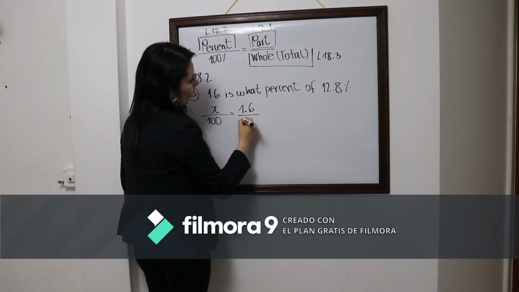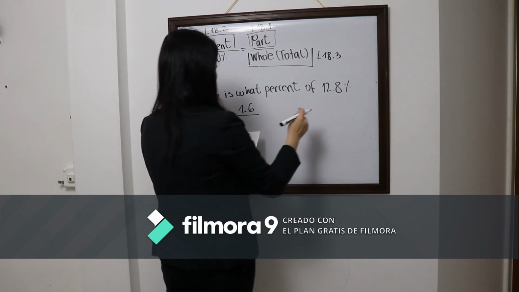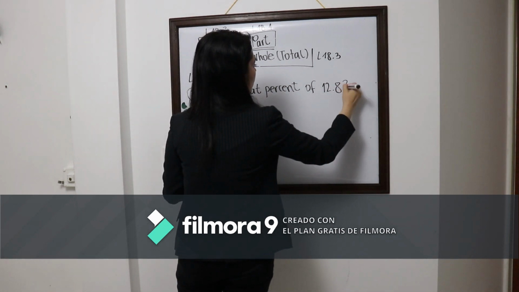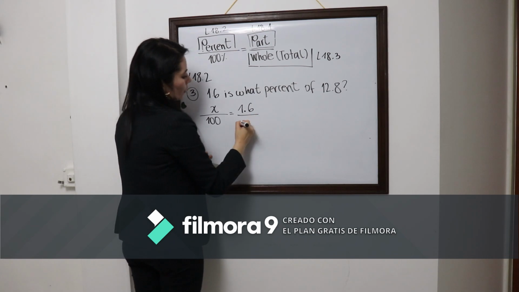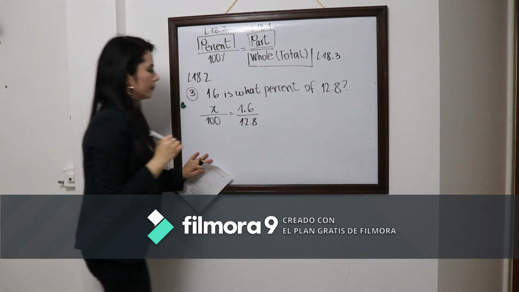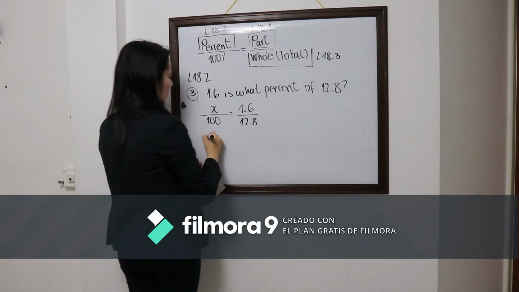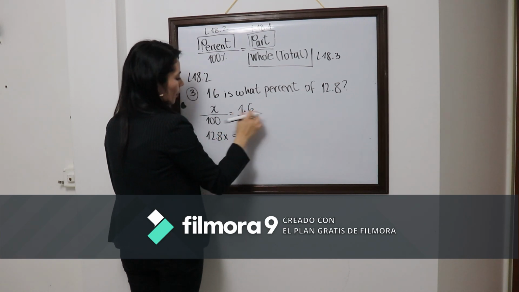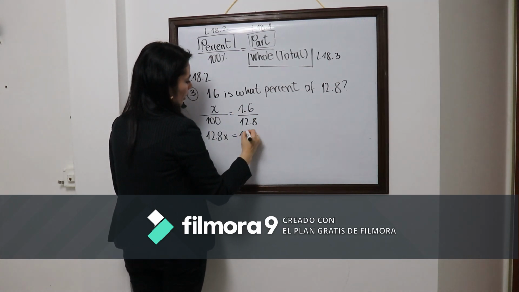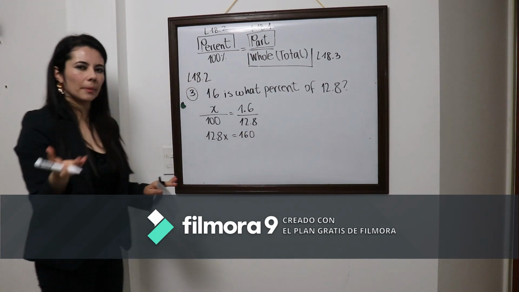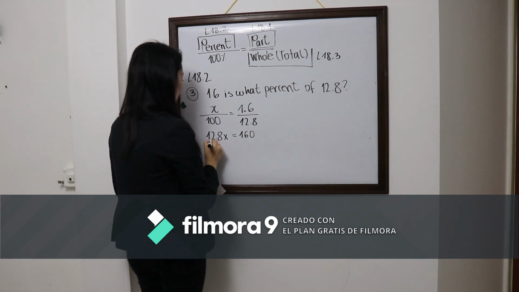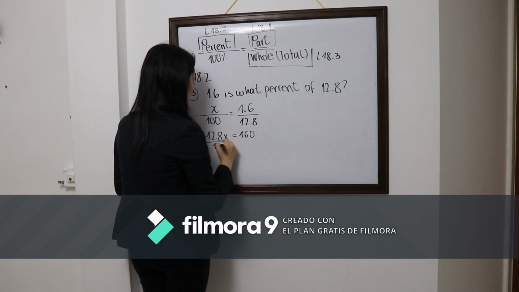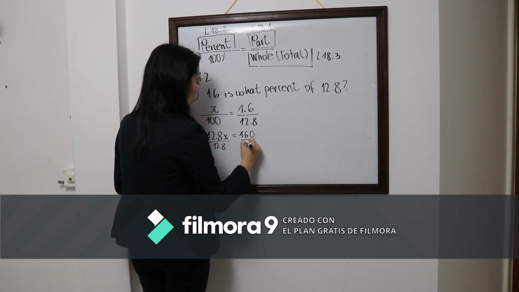And then we're going to have, this is not a percentage. This is just the number. And we're going to have 12.8. All right? We do cross product, which of course is going to be 1.6 times 100 is actually 160. I'm just going to skip a lot of steps now because we actually are pretty good at doing proportions at this point.